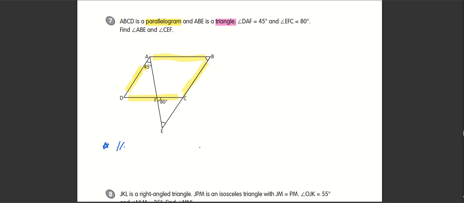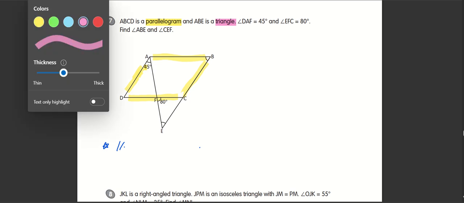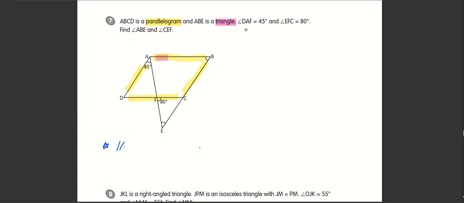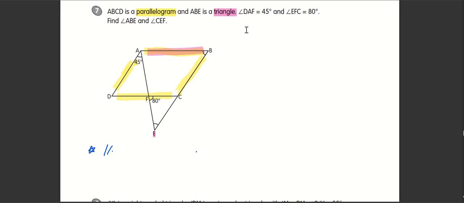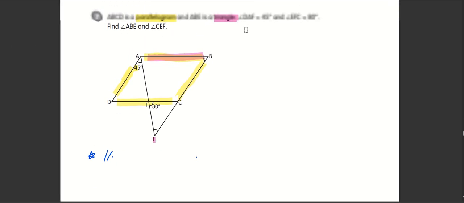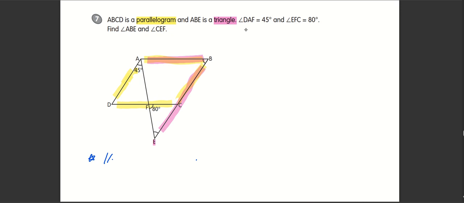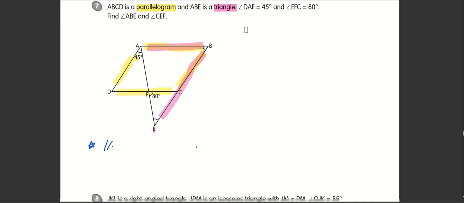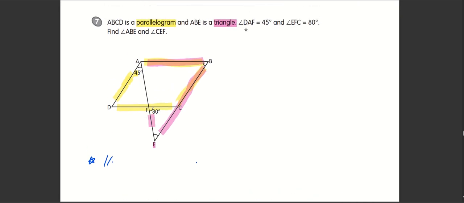Then you have ABE, a triangle. I'm going to color that in pink. The big one, you see the overlapping AB line, and then you have EB. This one, and then you have this one. That's the overlapping big triangle.